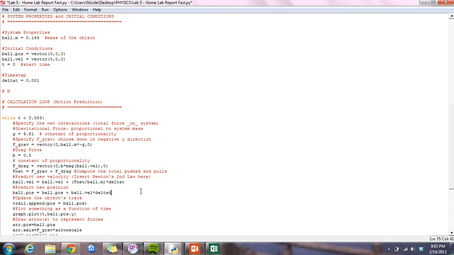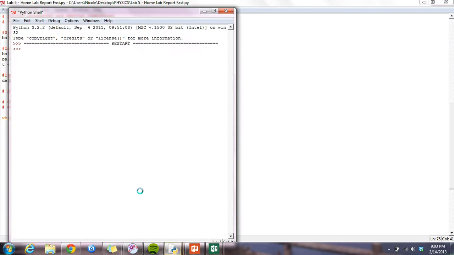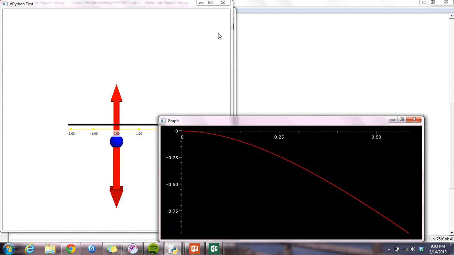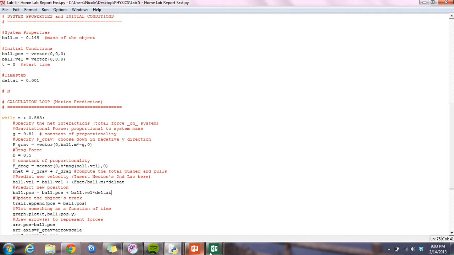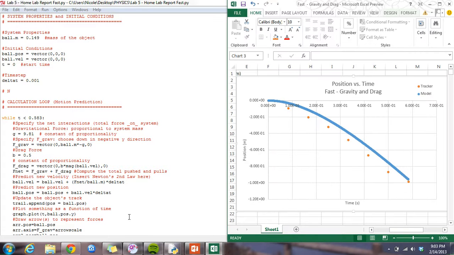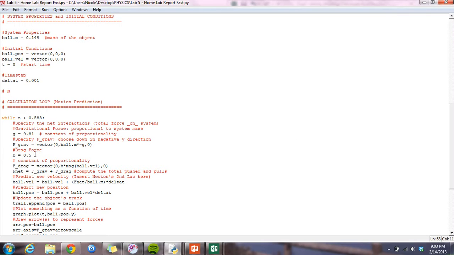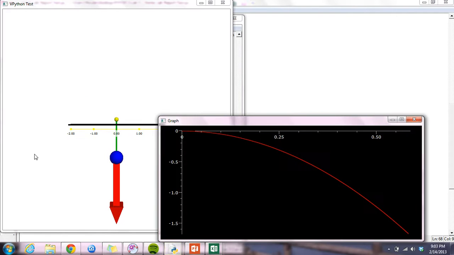So when we run this, that's what we get. And graphing these two, we see that our Python model was a really good representation of our tracker data. But now let's consider if there was no drag acting on the ball.